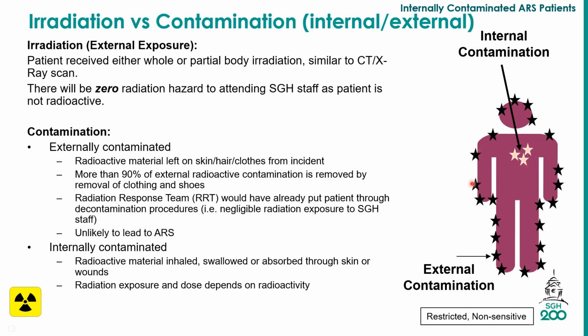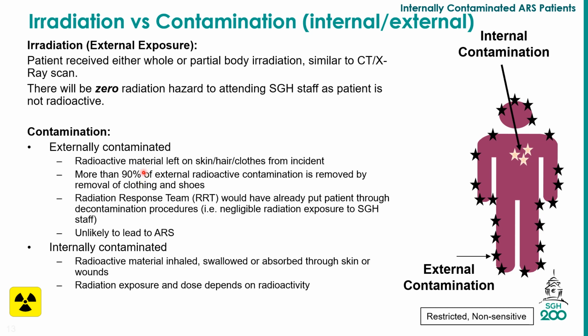Whereas external contamination is when the radioactivity is found on the clothing or outer clothing of the casualty. That is quite easily removed, because once you remove the outer clothing, 90% of the external radioactivity would have been removed.